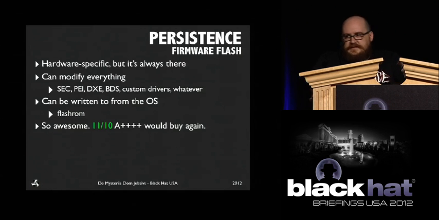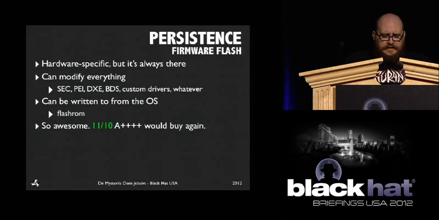So if we can successfully do this, then we can Trojan the SecPhase, PEI, DXE, like all the core EFI stuff. We can stick our own custom drivers in, whatever we want. Again, this can be written to from the operating system using flash ROM, in a lot of cases where the chipsets are supported, and quite a few of them are on Macs, I've found. So if that works, that's pretty sweet.